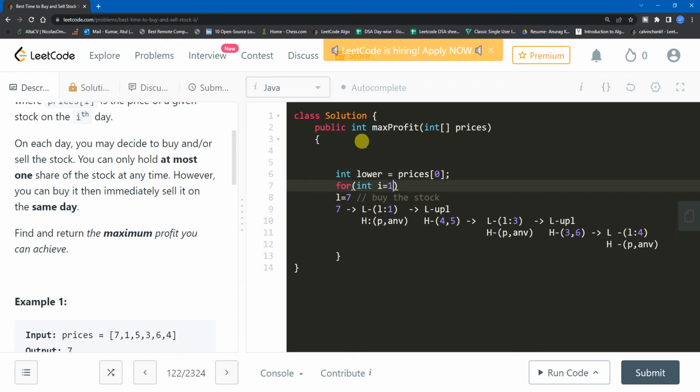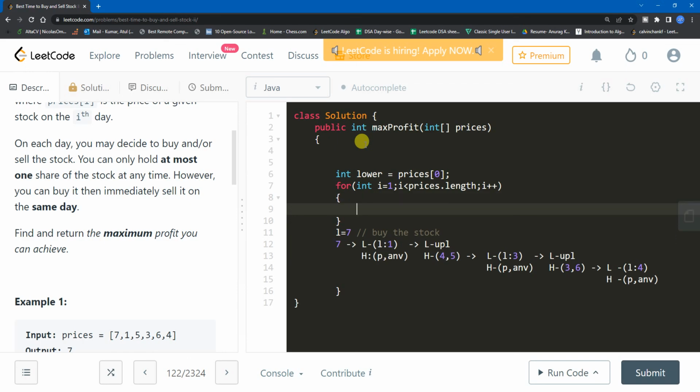So we have to start a for loop, and we start from index 1, from the second day, while i is less than prices dot length. We find the length of the array, and i plus plus.